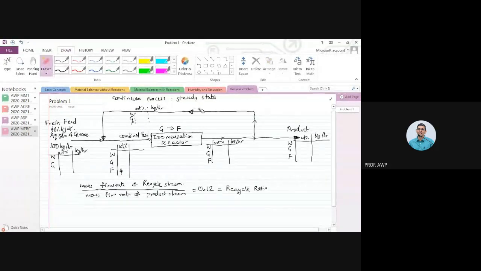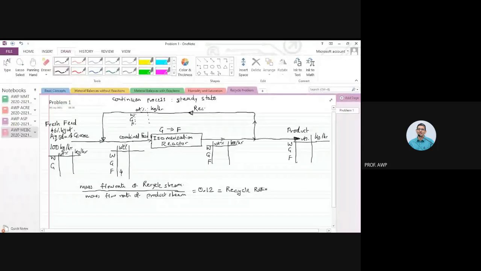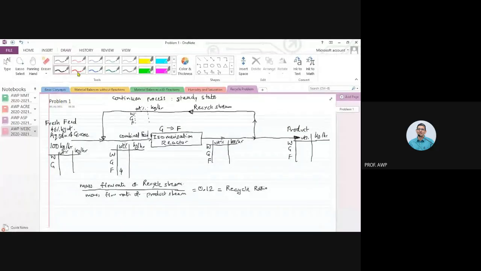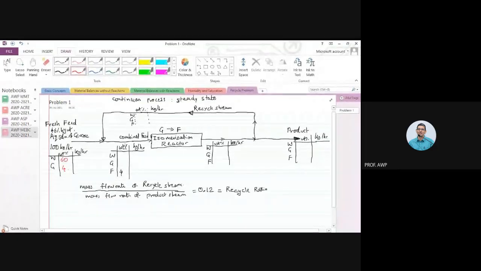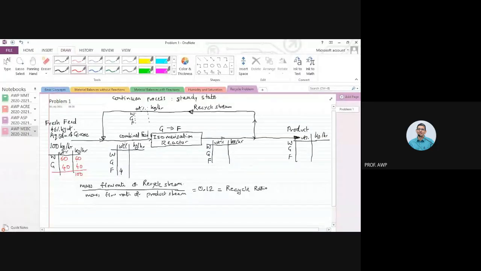This is your recycle stream. Right, write down all the things that we know. We know that in the fresh feed it is 40% by weight glucose. So water is 60 weight percent, glucose is 40 weight percent. Total basis we are taking as 100 kg per hour, so this would be 40 kg per hour glucose and 60 kg per hour water. Right, so write down all the things that we know and try solving this problem.